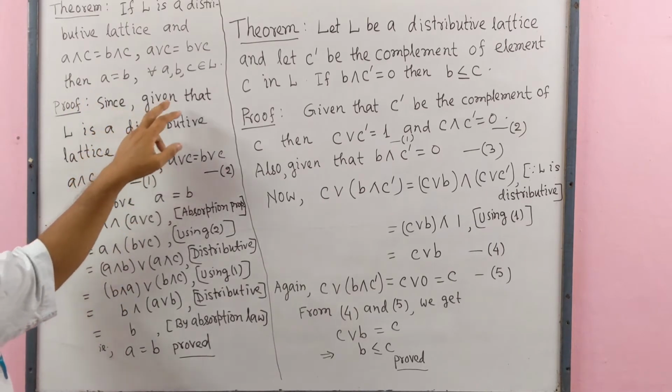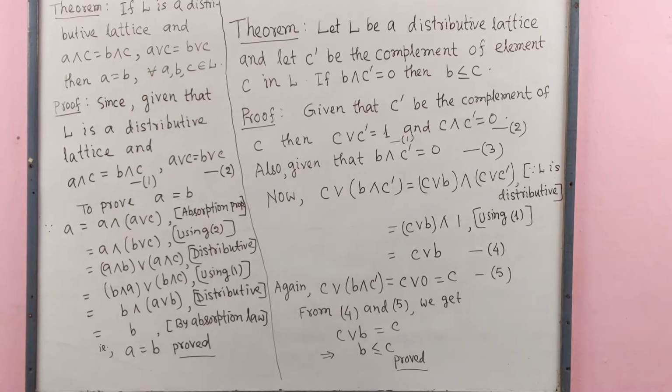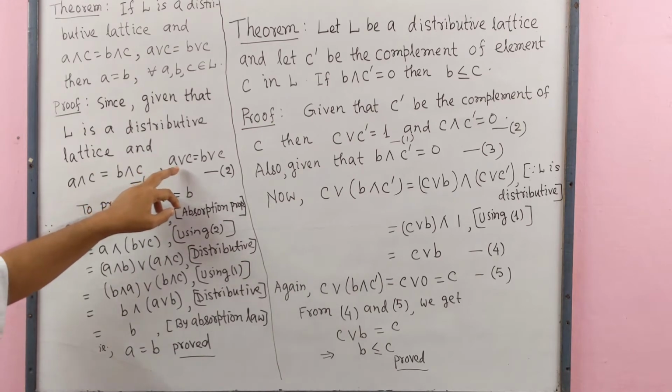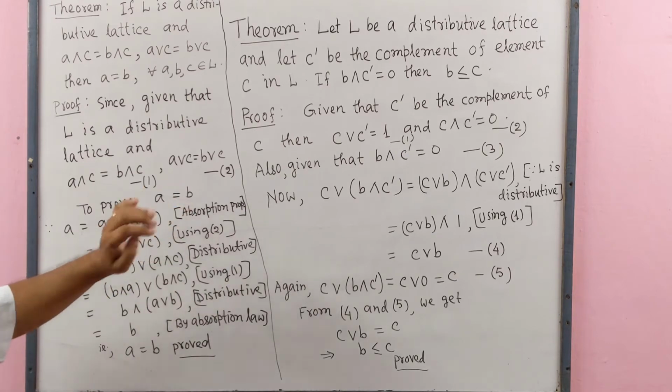Since given that L is a distributive lattice and also given that A meet C equal to B meet C and A join C equal to B join C. Now to prove A equal to B.